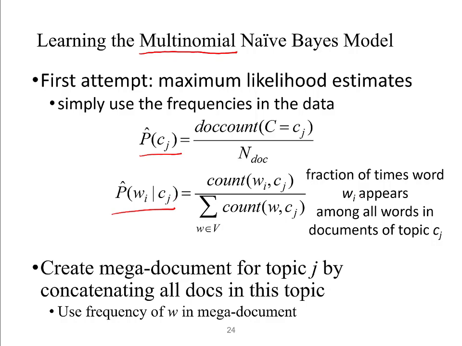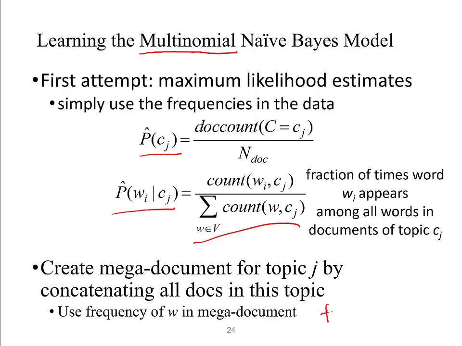Right. So in order to speed up the computation here, because we have a summation, we can create a mega document for each topic J by concatenating all documents in this topic, right? And then we can use the frequency of W in these mega documents to replace the summation here.